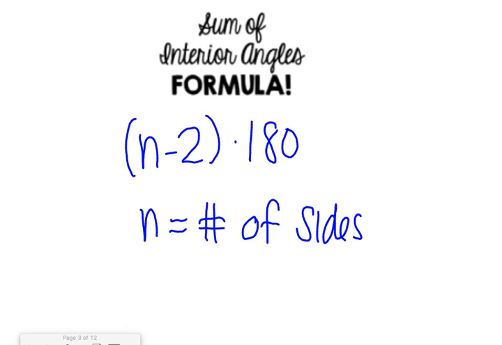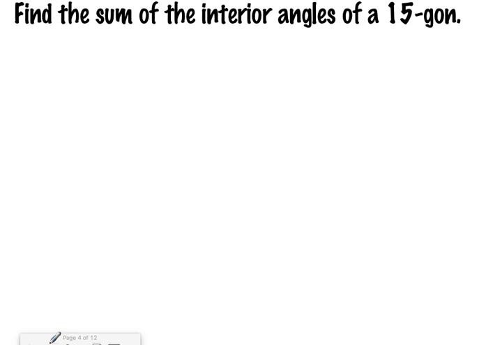Our first example is pretty straightforward. It says, find the sum of the interior angles of a 15-gon, so a 15-sided figure. All we're doing is plugging in 15.